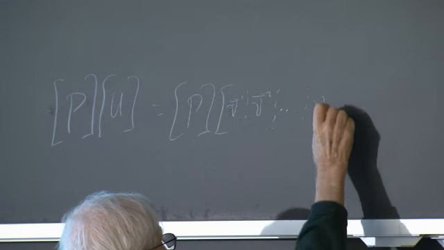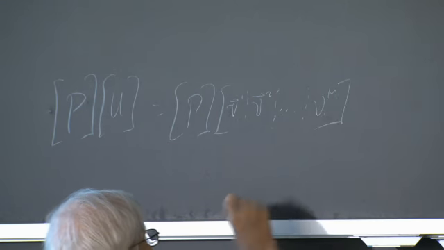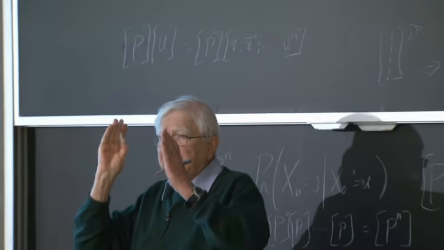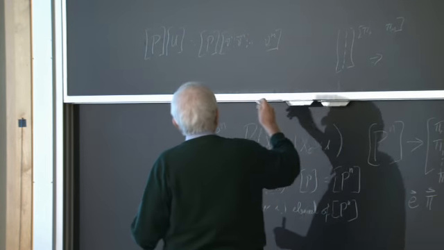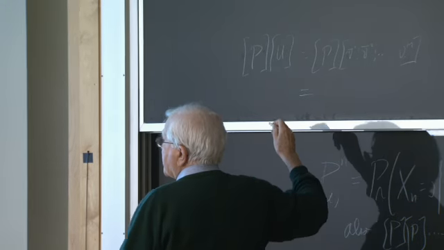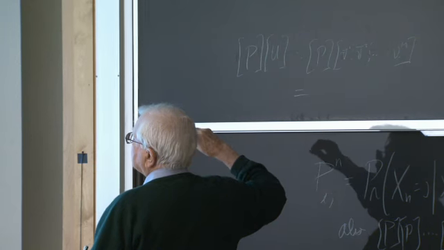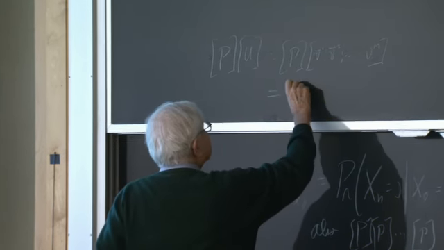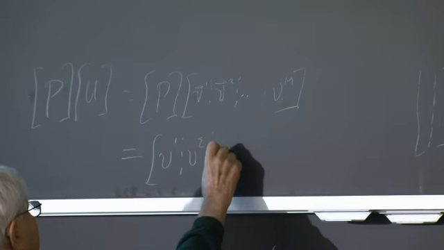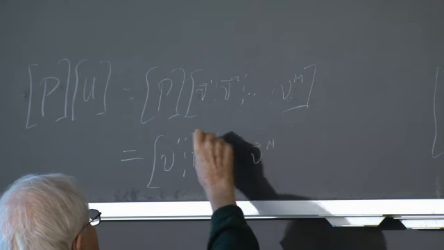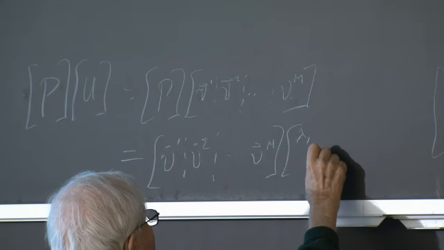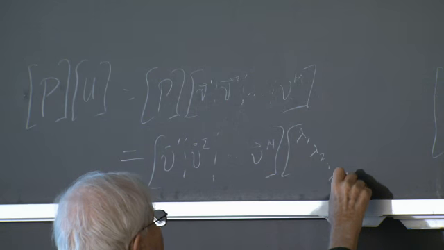Better put the superscripts on it. If I take the matrix U and just view it as m different columns, then what this is saying is that this is equal to nu 1, nu 2, nu m, times lambda 1, lambda 2, up to lambda m.